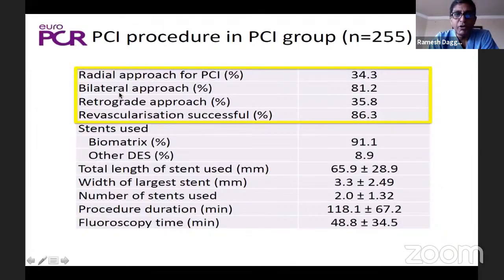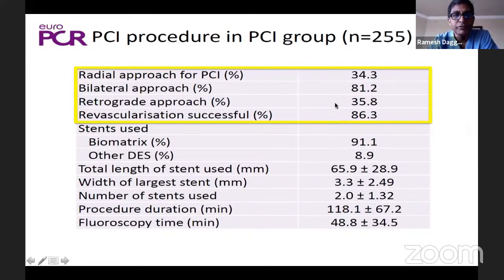So when we talk about how to approach, I don't think this is the time that you want to say that I can do all CTOs with the radial, bilateral radial, even though I have done it. And we also showcased a live case from Turkey with Omer with transradial PCI for CTOs. But this is not the main idea. The main idea is to revascularize successfully, in 86% of the patients.